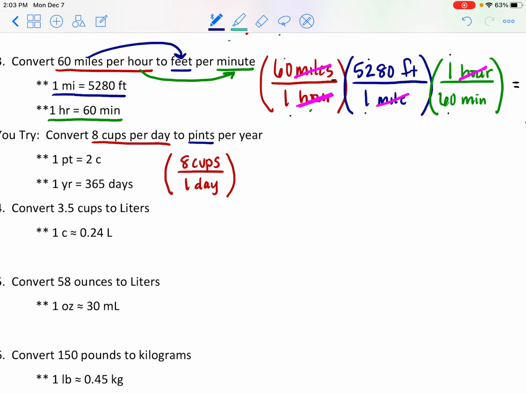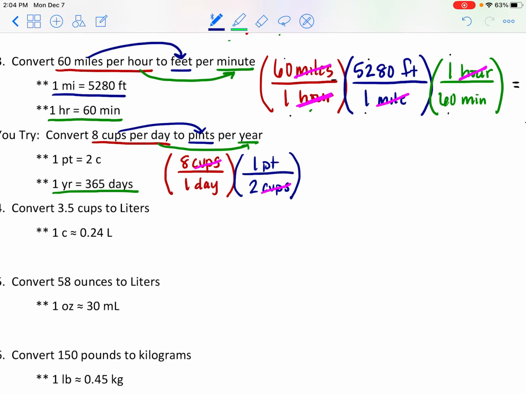So pints first. Cups to pints, it says that 1 pint is equal to 2 cups. So 1 pint is going to go here, 2 cups is going to go here, again because these cups have to be opposite of each other to cancel. And now I want to go from days to years, and 1 year is 365 days.